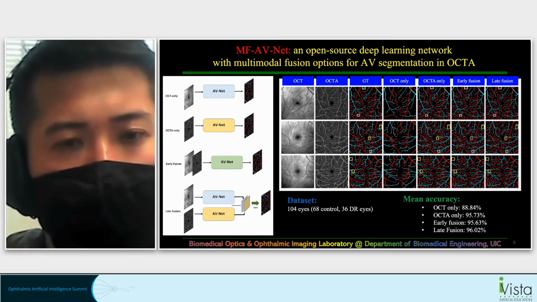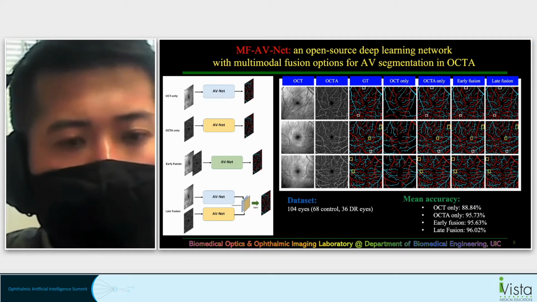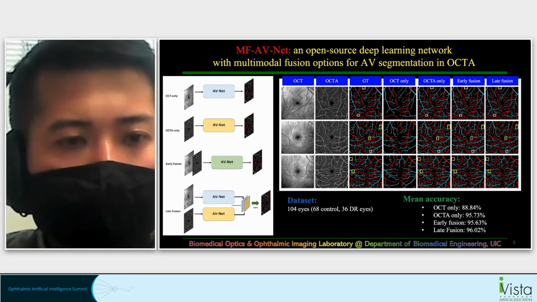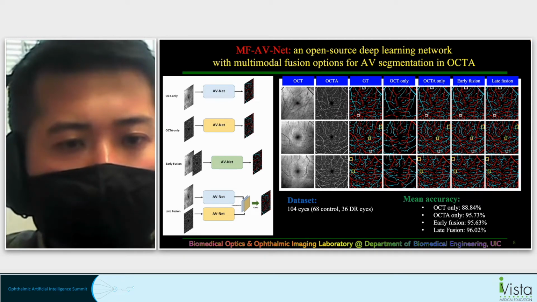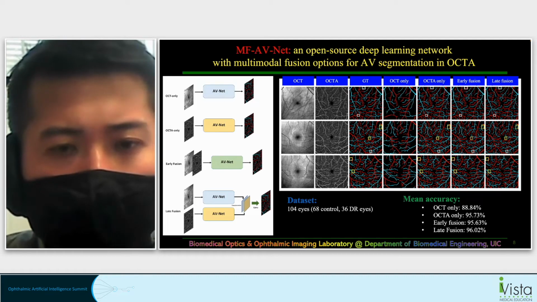In a follow-up study, we wanted to investigate the different types of image inputs, OCT and OCTA, on AV classification, as well as the different fusion operations, the early and late fusion. The OCT-only architecture had the worst performance of the three. However, that is expected as the OCT has less vessel contrast.